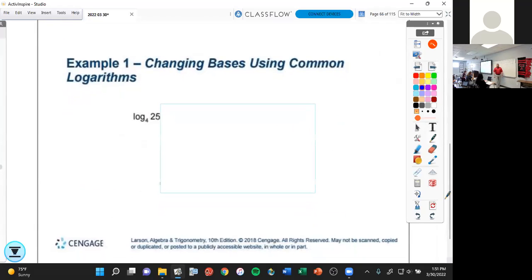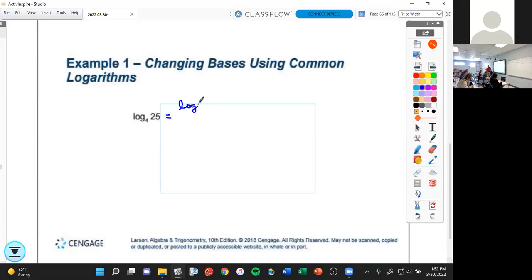So log base 4 of 25. How would I do a change of base on that? What goes on top? Log, common log. That's base 10.